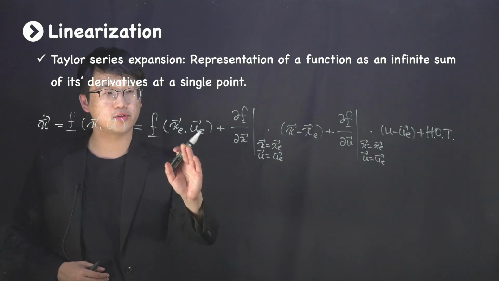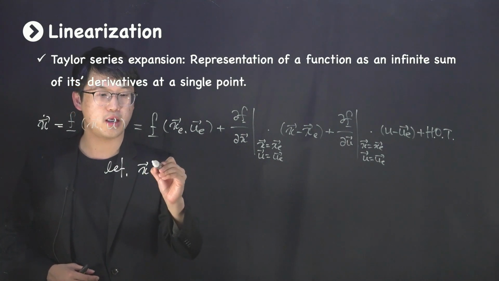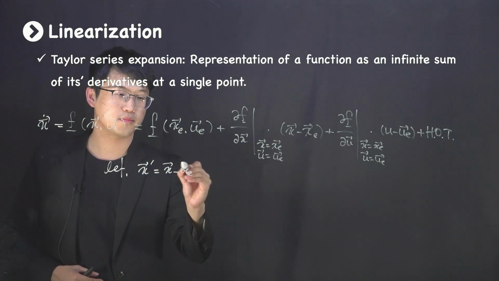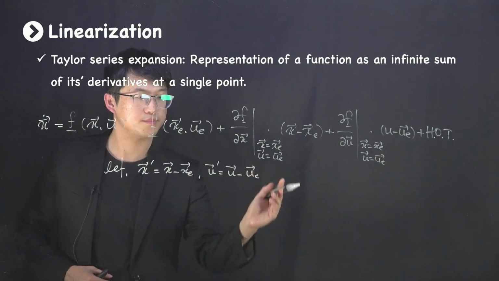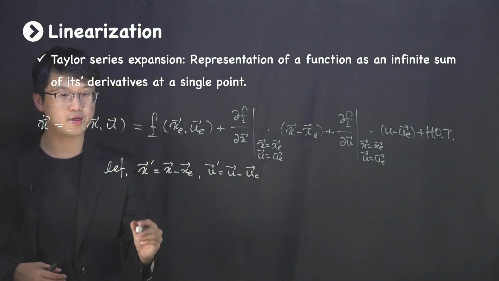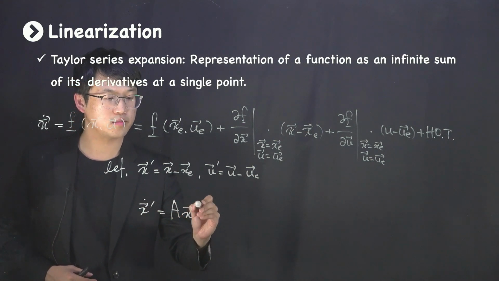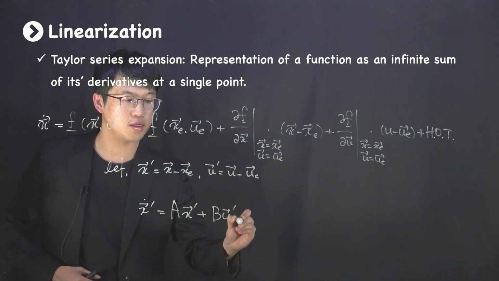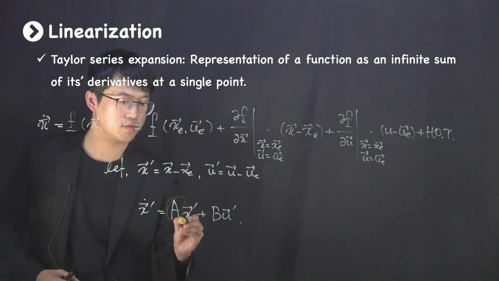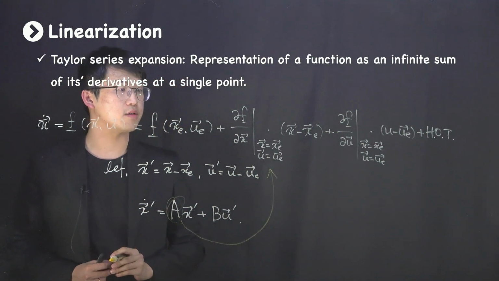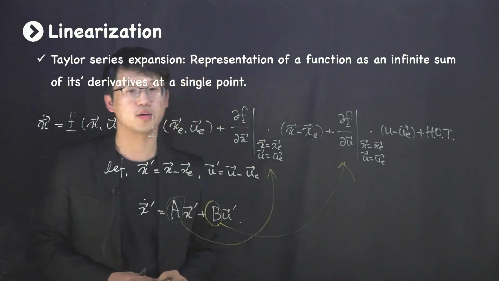Since the reference state and control inputs are all constant, and by the definition of x prime and u prime, we can summarize this Taylor series expansion as x prime dot equals A x prime plus B u prime, where A is a Jacobian matrix for this partial f partial x, and this B matrix stands for partial f partial u.